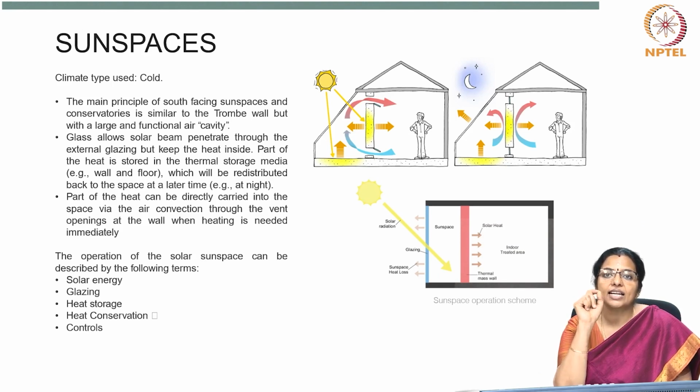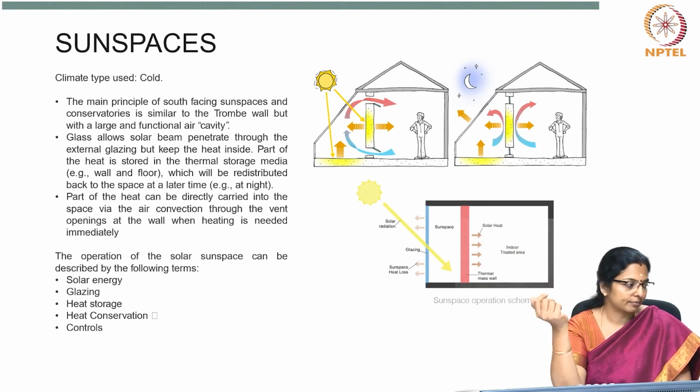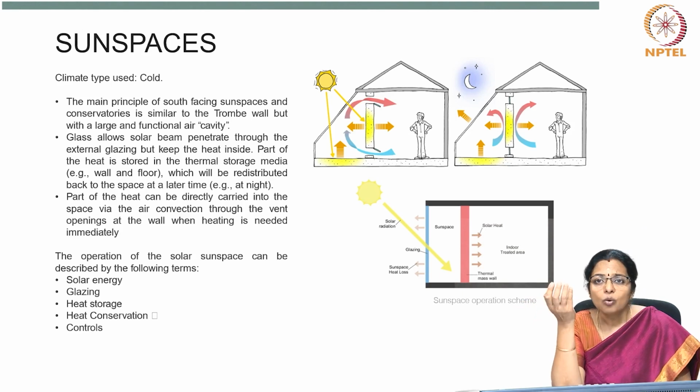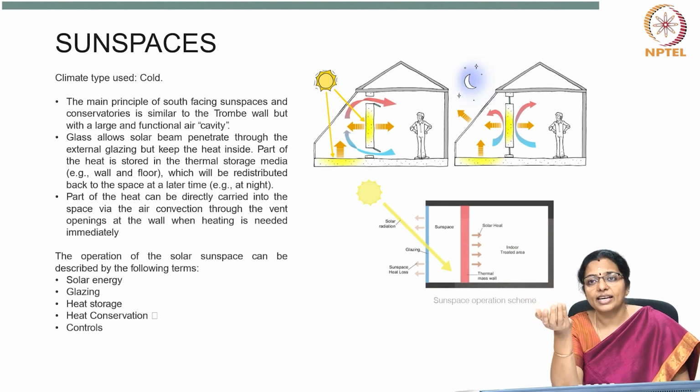The masonry used in a sun space for heat storage needs to have both high heat capacity and thermal conductivity, like brick or concrete or stone. Water containers: the heat capacity of the water is higher than the materials used in masonry, so they can absorb and utilize higher amounts of solar heat.